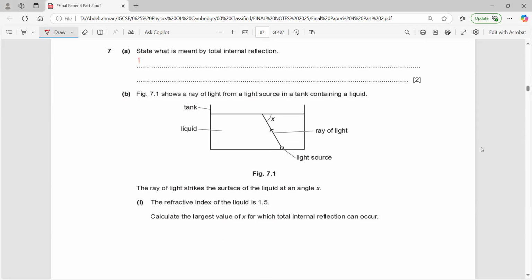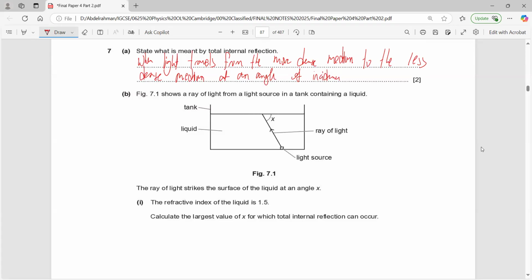Light travels from the more dense medium to the less dense medium at an angle of incidence greater than the critical angle, at which no light refracts.